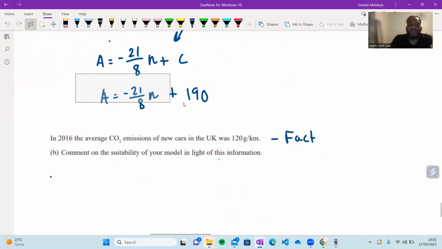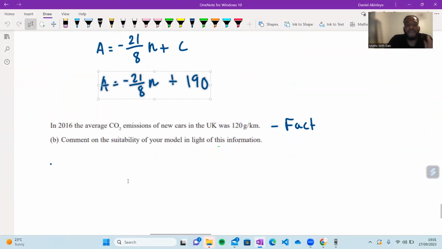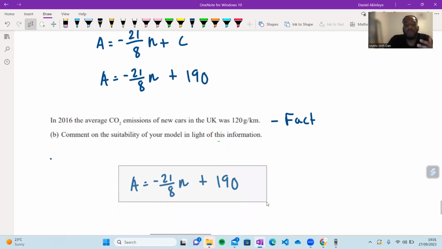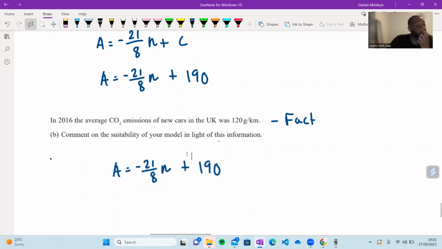Remember what we said at the beginning of the lesson: a linear model is just a model which represents a real life situation. What we attempted to do was create a model that determines the average CO2 emissions depending on the years after 1997. And they told us that in 2016, the average CO2 emissions was actually 120.